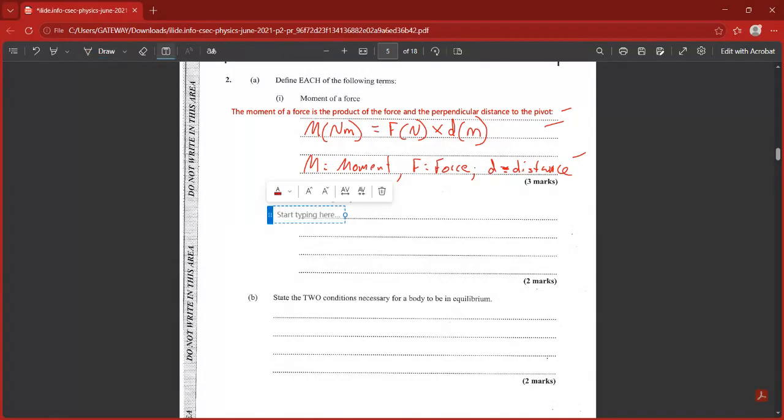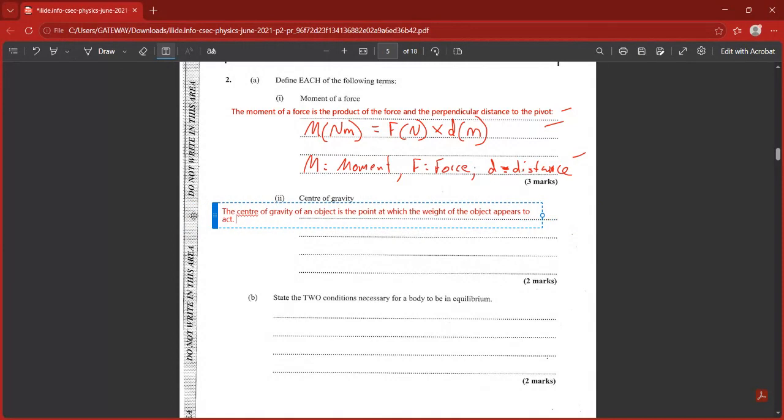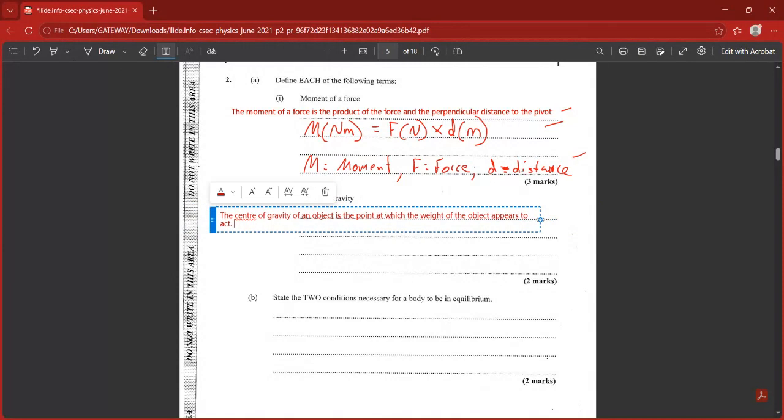The center of gravity of an object is the point at which the weight of the object appears to act. Right? So that is the center of gravity.